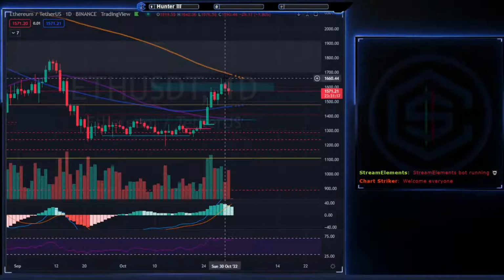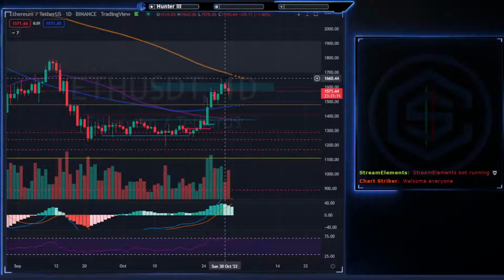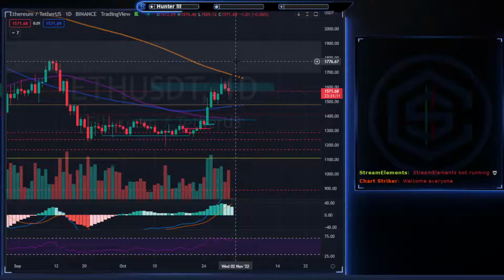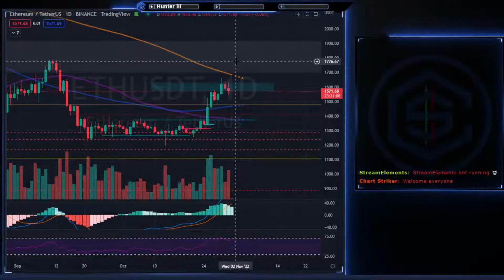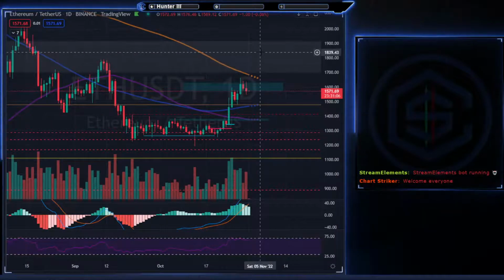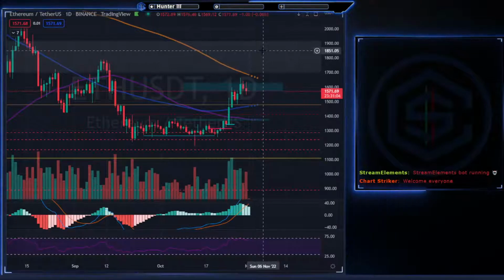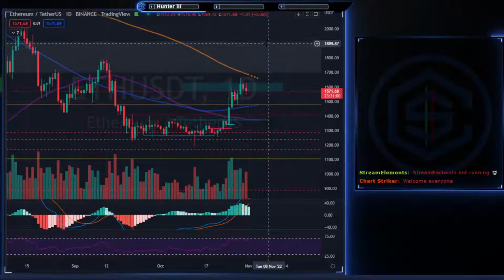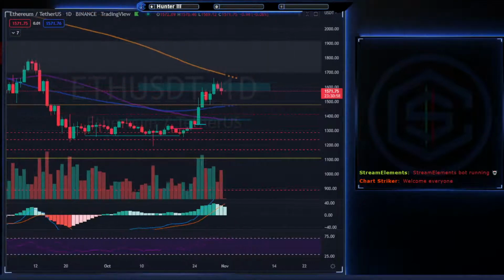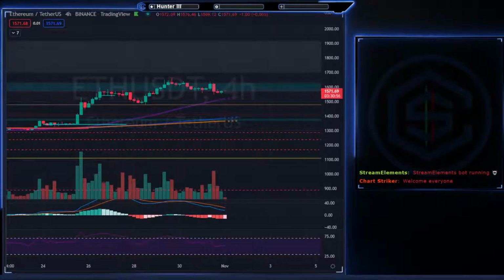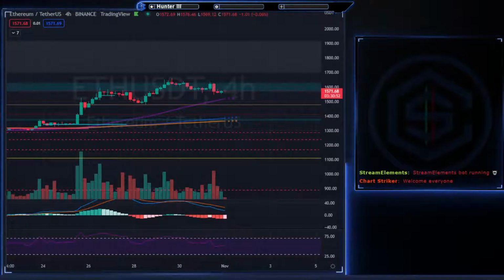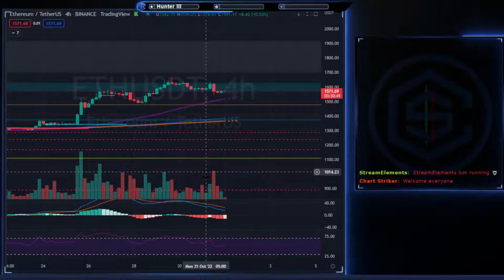If we can get above that, 1,650, 1,660, we are going to be meeting resistance around $1,780. That hasn't changed a lot. But then if we break that one, we'll see a bit higher, around these levels. But for now, it's looking a bit like leaning towards the bearish side, looking at the daily Ethereum, okay?